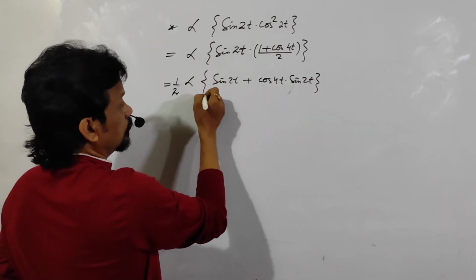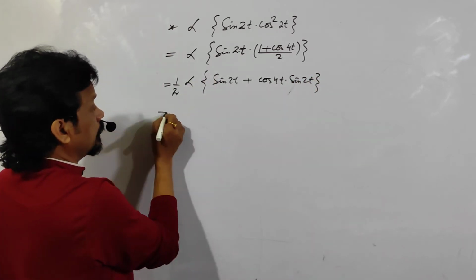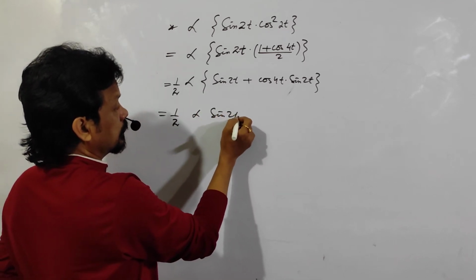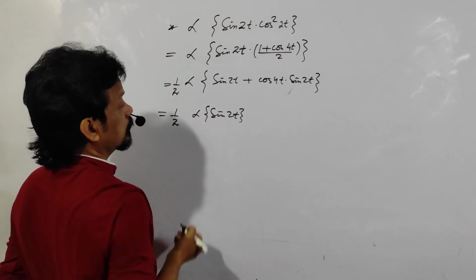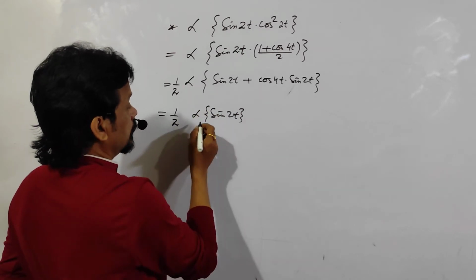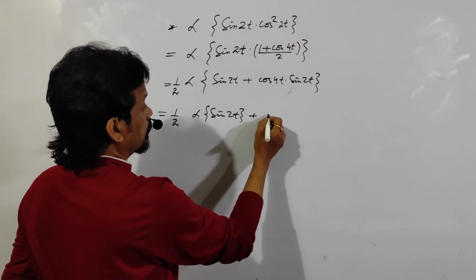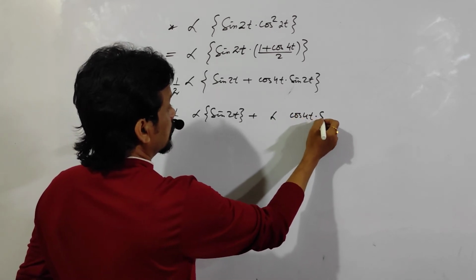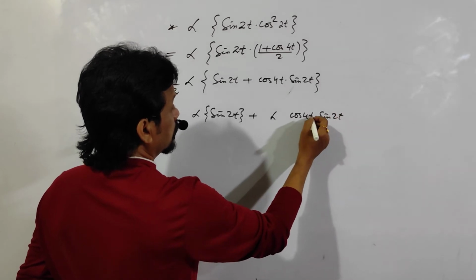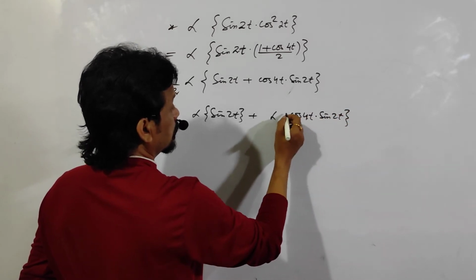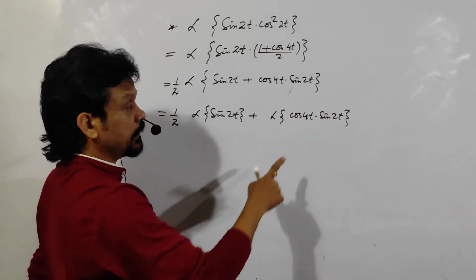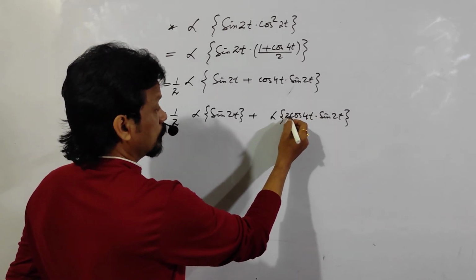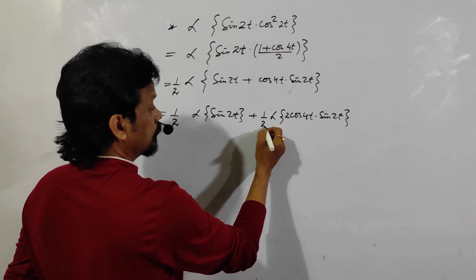Okay. And now separate it. Laplace of sin 2t, then plus Laplace of cos 4t into sin 2t. But here it is in the form of cos into sin B. So you should multiply by 2 and divide by 2 here.